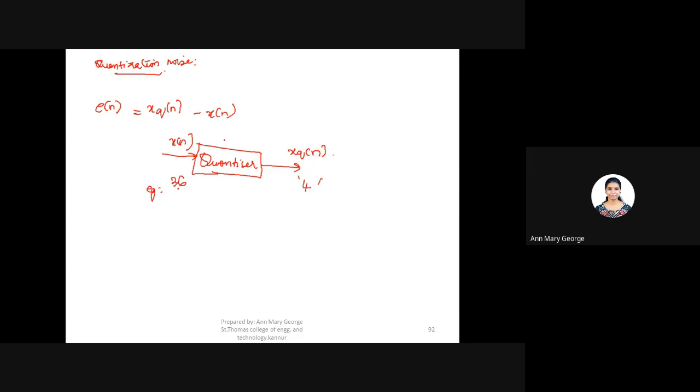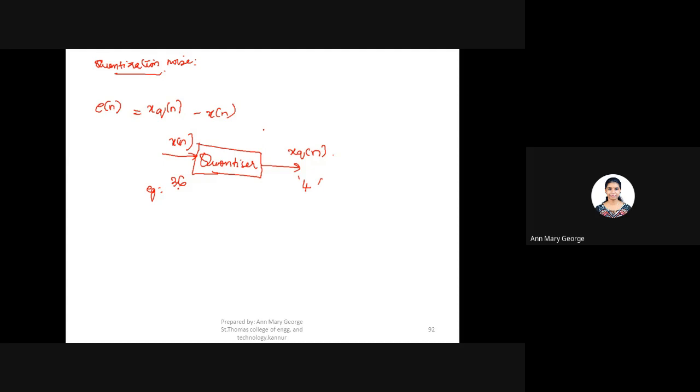That is, e of n will be equal to xq of n minus x of n, where x of n is the real number and xq of n is the quantized form of the given real number. For example, when you give input x of n as 3.6, you get the output after quantization as 4.